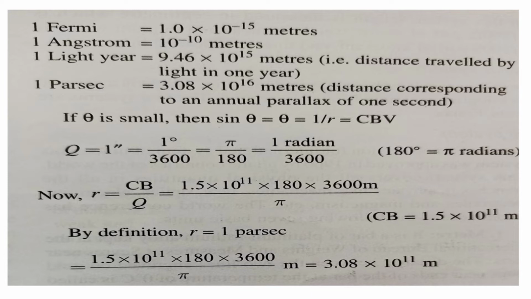So 1 second is equal to 1 degree upon 3600, and 1 degree is equal to pi upon 180 radian, because 180 degree is equal to pi radians. So now the radius would be the base upon theta.